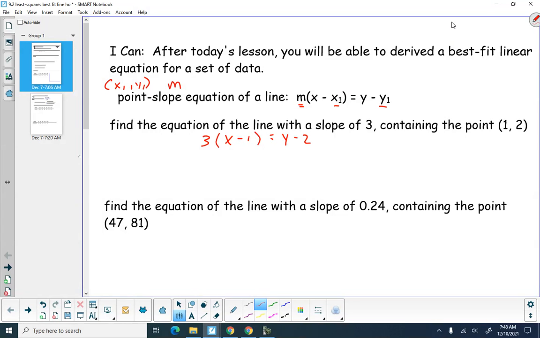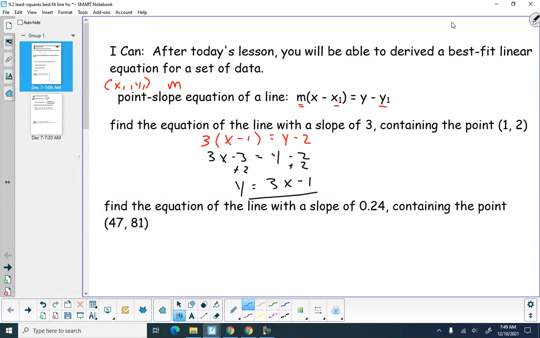We're substituting in for our x value and our y value. Distributing our 3 through, we have 3x - 3 = y - 2. To get it in the form y = mx + b, we add our 2 to both sides, so y = 3x - 1.